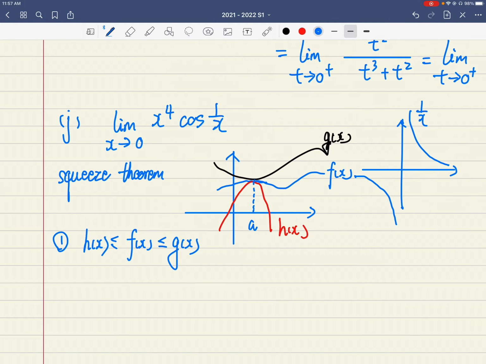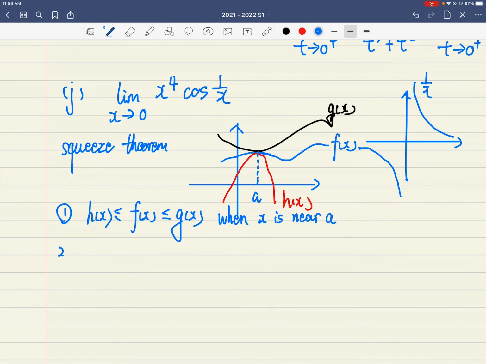So let's say this point is point A. When x is near A, it doesn't have to be in the whole domain. We only care about the neighborhood around A. When x is near A, this relationship holds. That's enough.